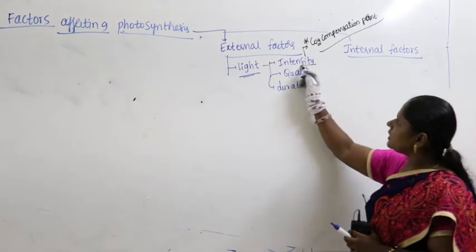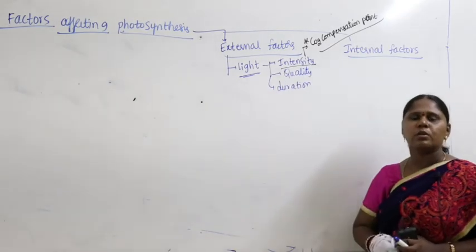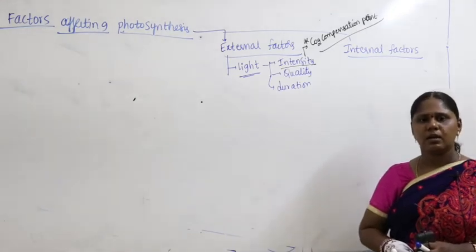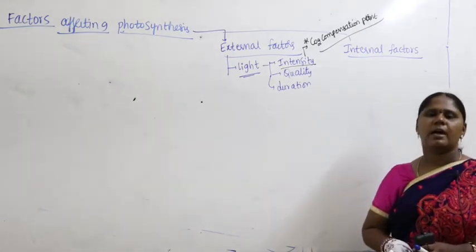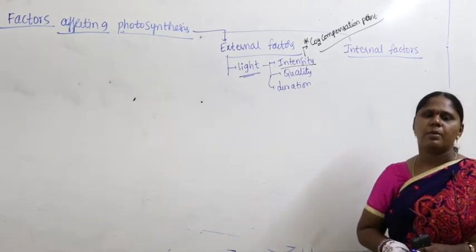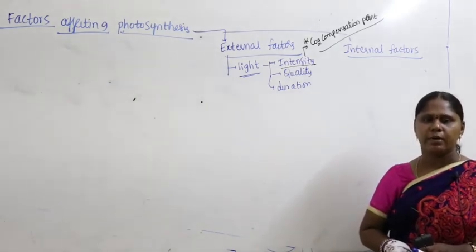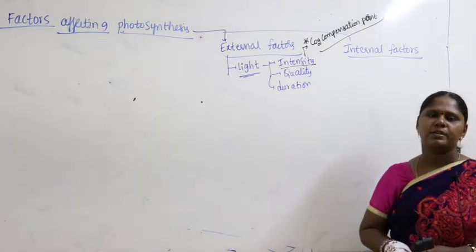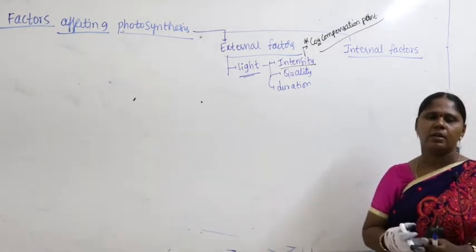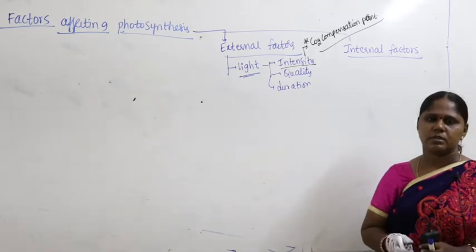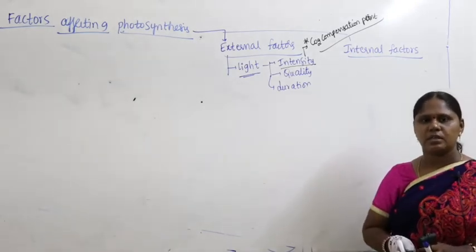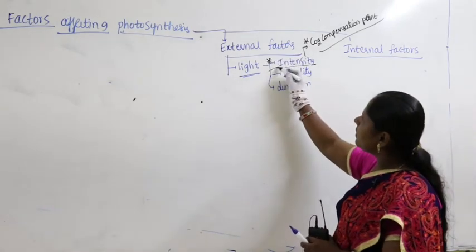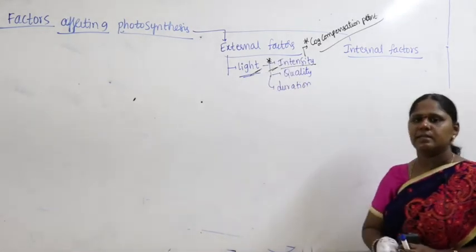The light intensity at which photosynthetic uptake of carbon dioxide equals respiratory output of carbon dioxide is called the carbon dioxide compensation point. Very important for all of you to remember. When the carbon dioxide compensation point is achieved, growth does not happen in plants. That is a very important point to remember with light intensity.